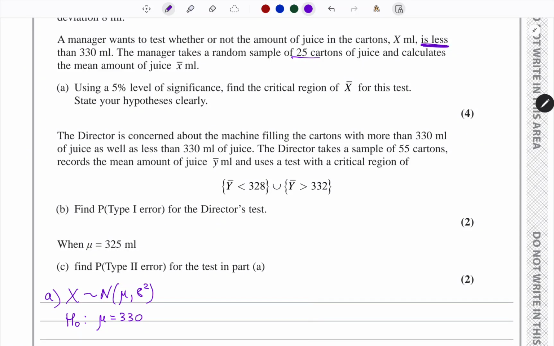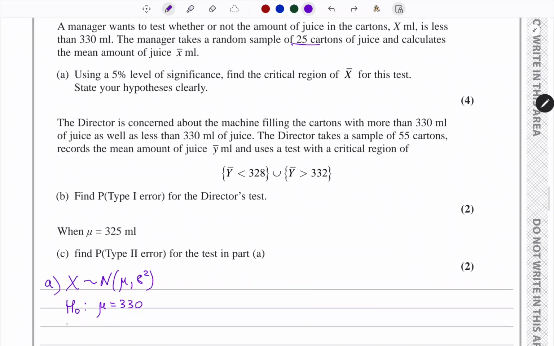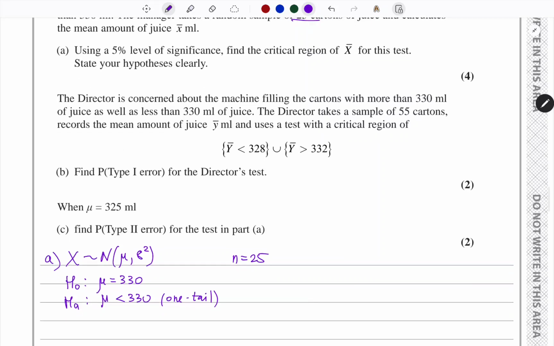The alternative hypothesis states that it must be less, less than 330 milliliters. So it's a one-tail test. And the sample size was 25.